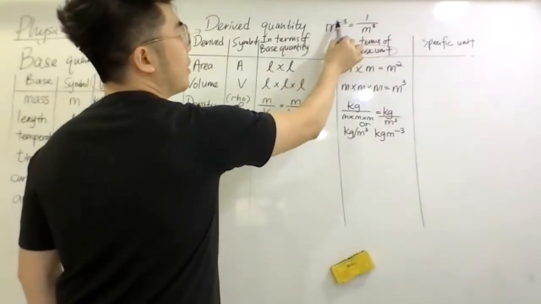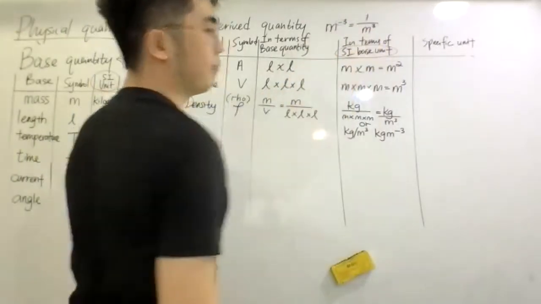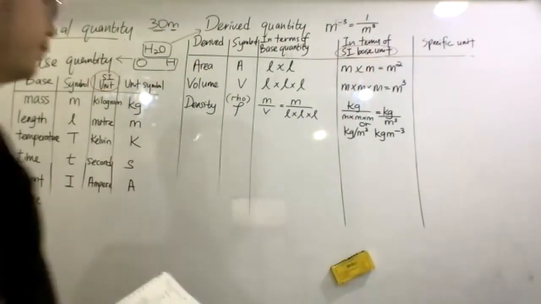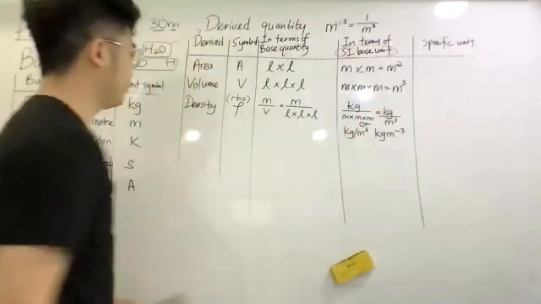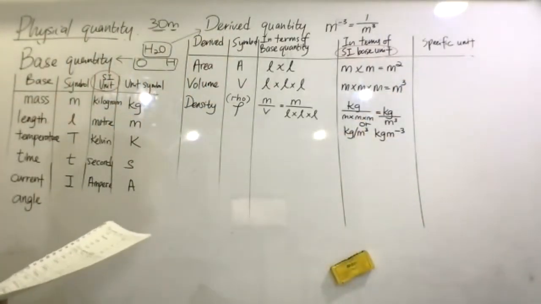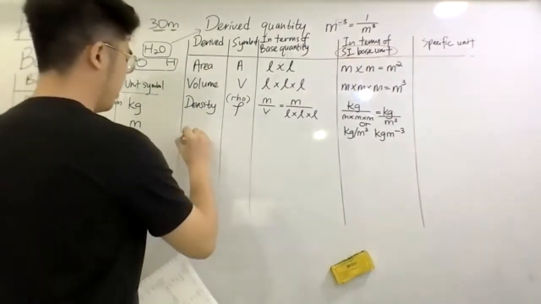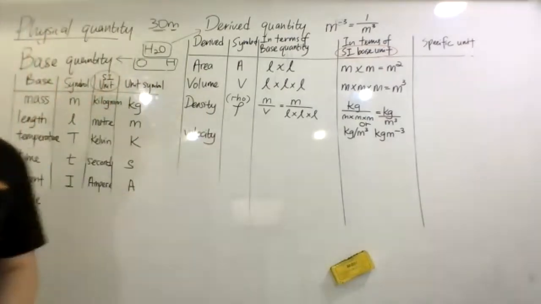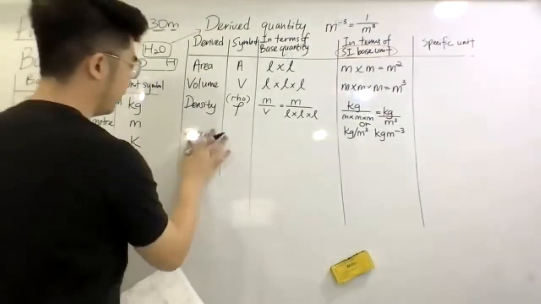You just remove the minus sign, become 1 over, and then the rest is the same. 1 over m cubed. Specific unit? No. Now, velocity. Oh, we cannot see here.